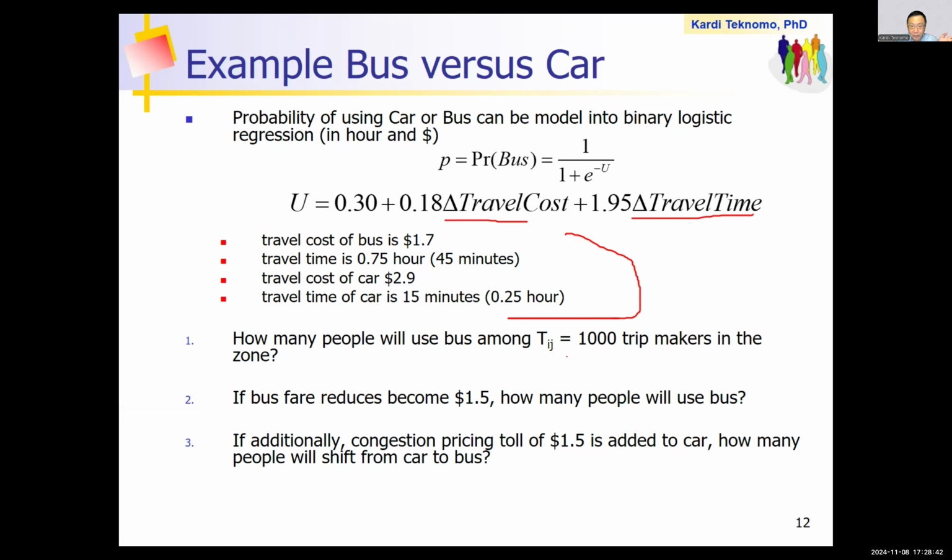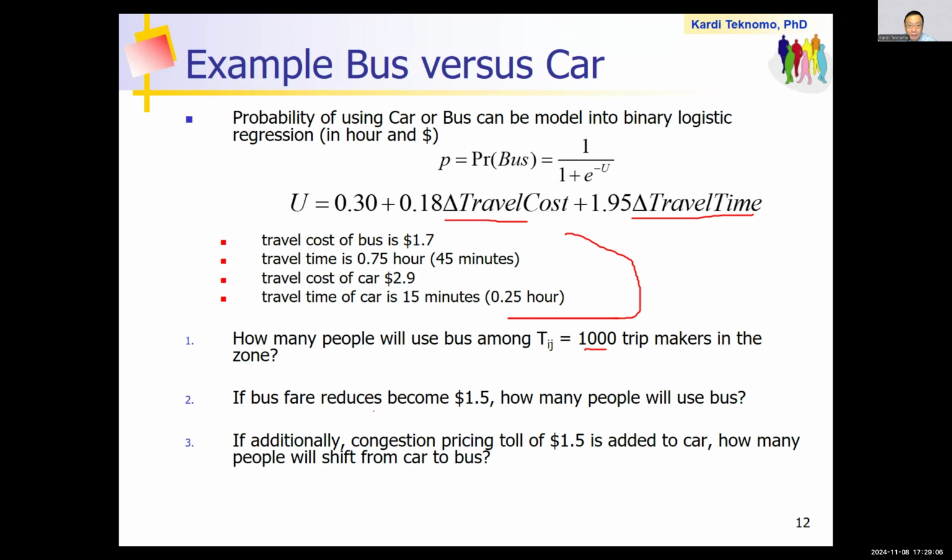If you know, this is one of the cells in the table of trip distribution. So you have 1,000 trips, for example, from zone I to zone J. Now, how many people will use the bus?